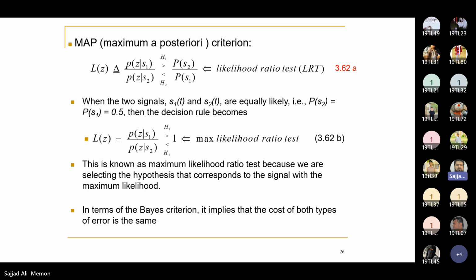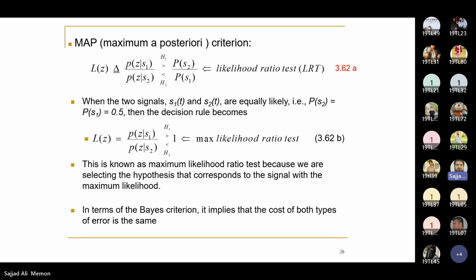If it is the likelihood ratio test, then the probabilities of S2 and S1 hold. If it is maximum, then it will be 1. This is known as the maximum likelihood ratio test because we are selecting the hypothesis that corresponds to the signal with the maximum likelihood. So the probability of having P of S2 and P of S1 is 0.5.